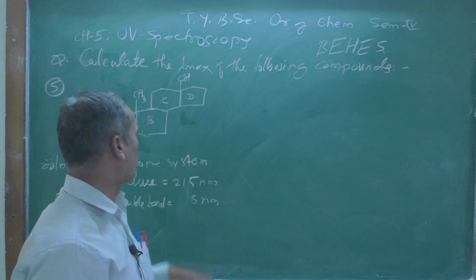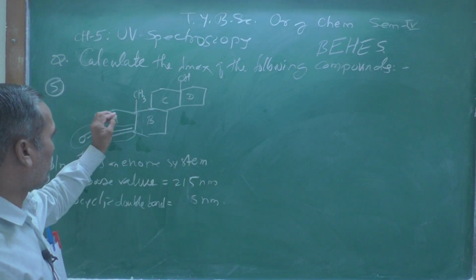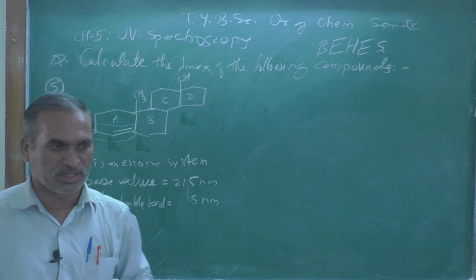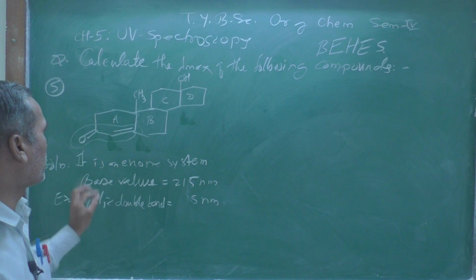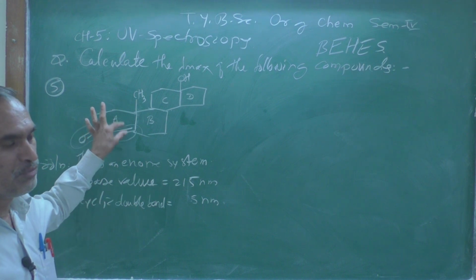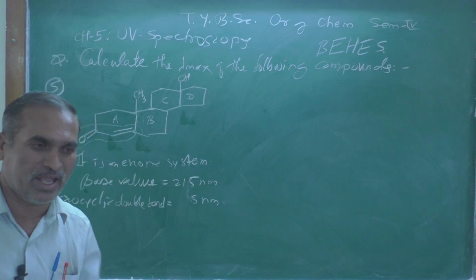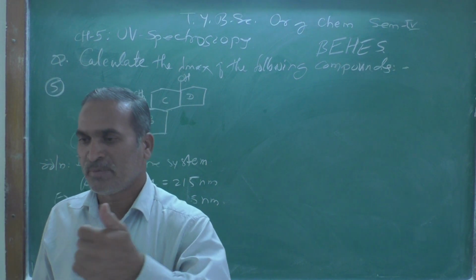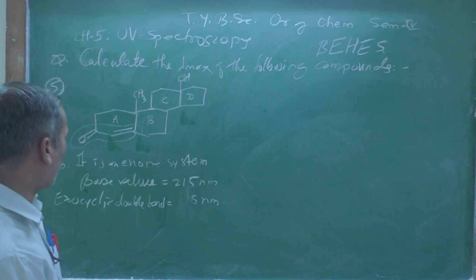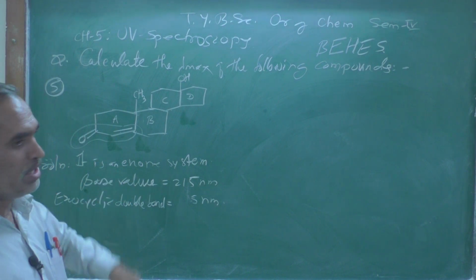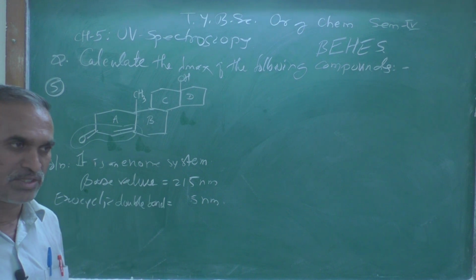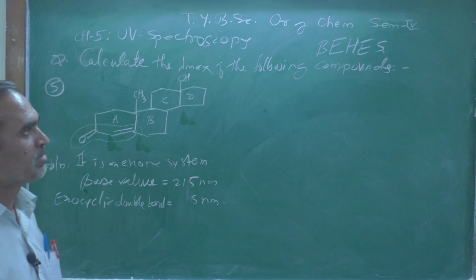If you observe here, there is no such condition. You can see only one double bond present in ring A. So there is no question of a homoannular system in this case, and therefore no need to write it here, so neglect it.